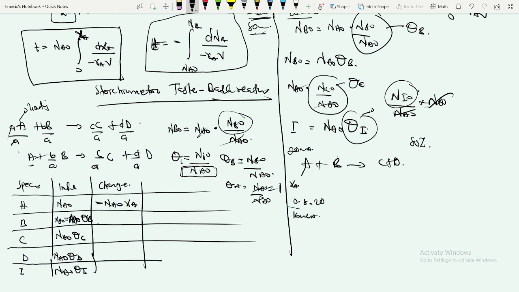Now for B, if B is in excess, let's say you have 30 moles of B, you can't say the conversion for B is 80% of the 30, because the conversion is actually based on your A, not on your B, because your B is in excess.